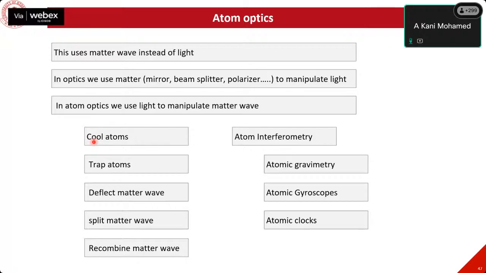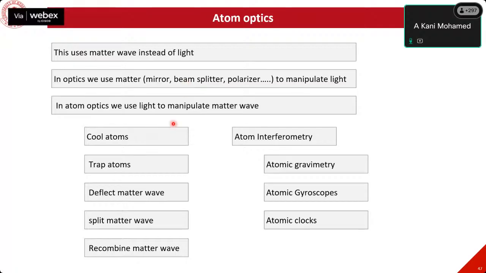The main important thing is cooling the atoms. Because if you want to observe matter waves, the first thing we have to do is cool the atoms. Once we have cooled the atoms, we can observe the matter wave, and we can also trap the atoms. We can deflect the matter wave, we can split, we can recombine, and we can make an interferometer, but this is for matter waves instead of light.